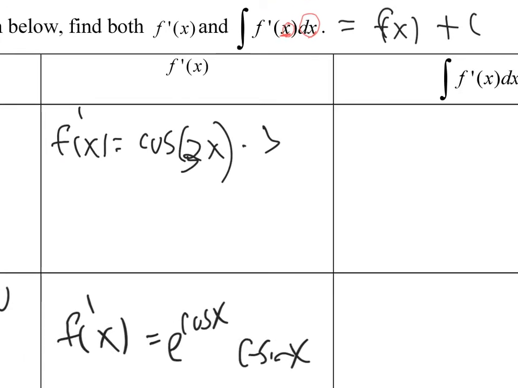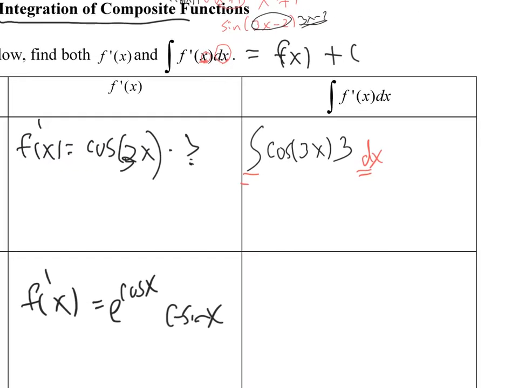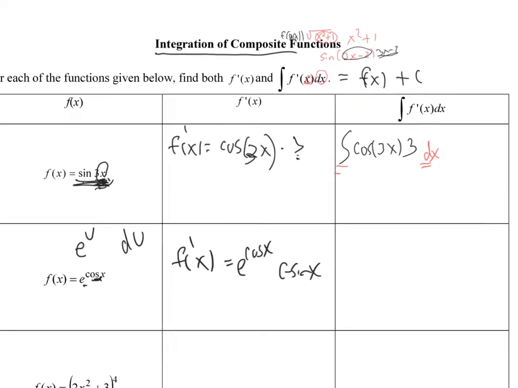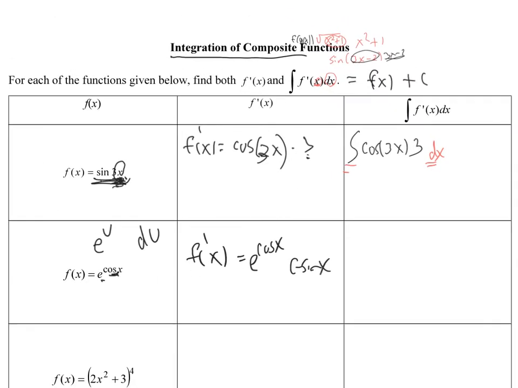So if I'm now integrating the f prime, and I'm integrating cosine of 3x times the 3, and don't forget that we make that integral sandwich, you should not be surprised that the answer has to be exactly what we started out with.